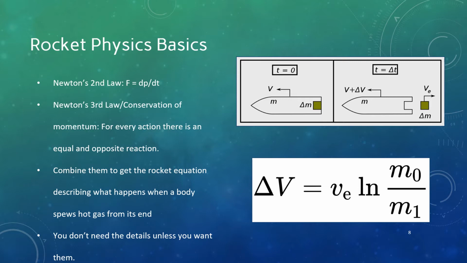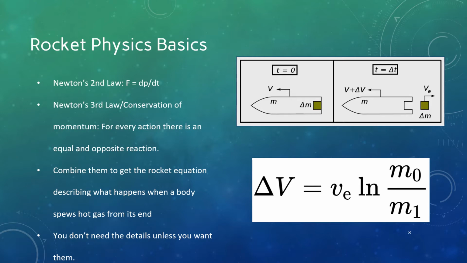And those gases also have mass, so they've got this mass and this velocity, so they have momentum, and that momentum is in the opposite direction to the direction the rocket's going.